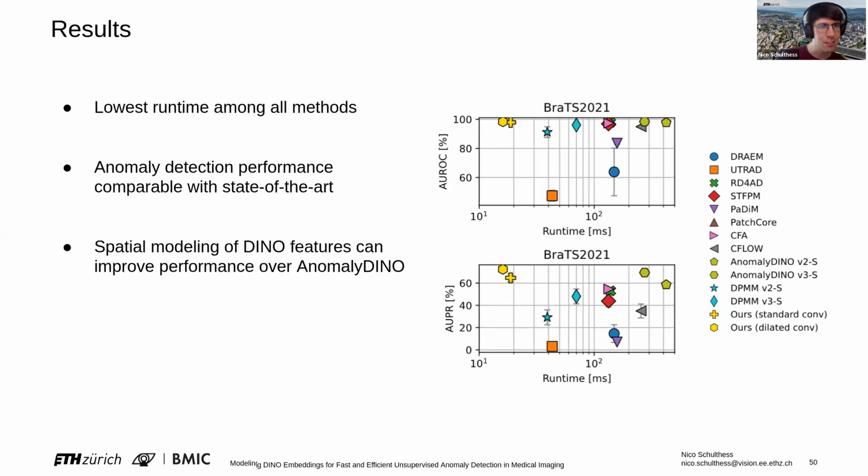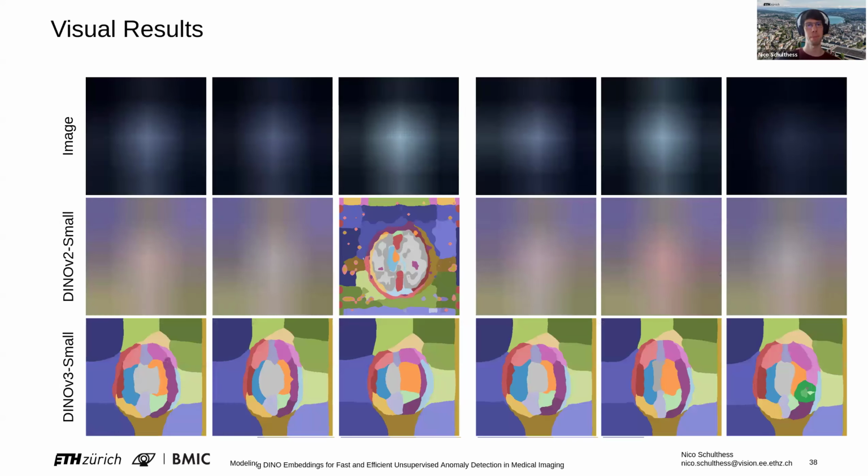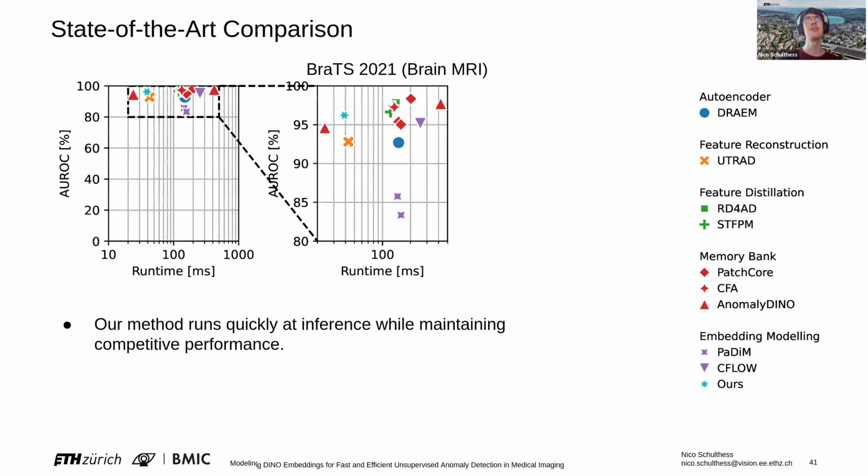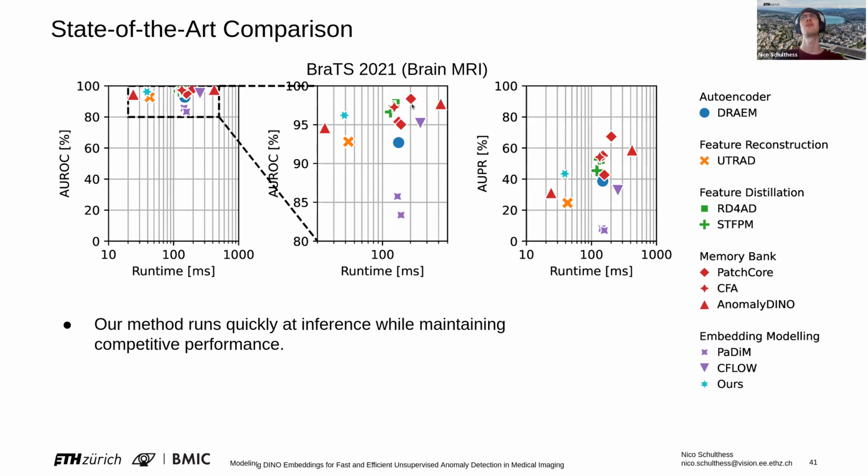But when we look at these points here for PatchCore and compare them with AnomalyDINO, sometimes they outperform AnomalyDINO, but also sometimes not.